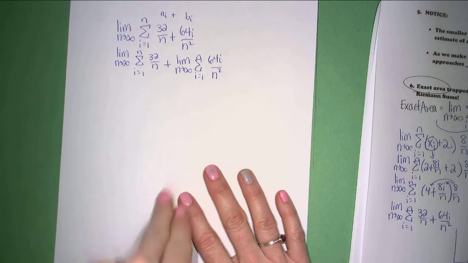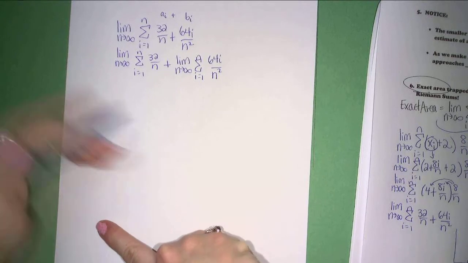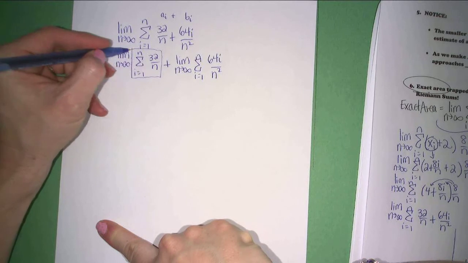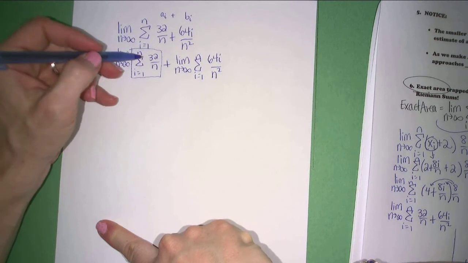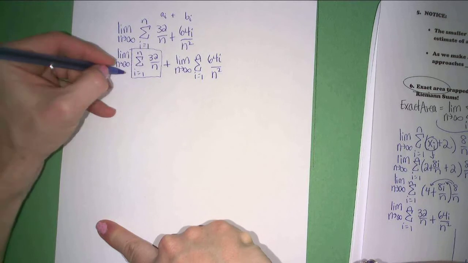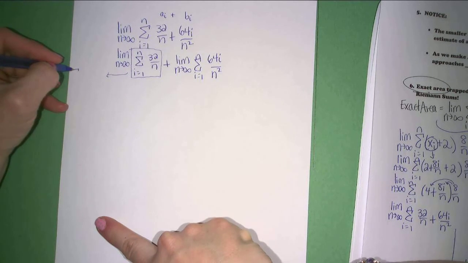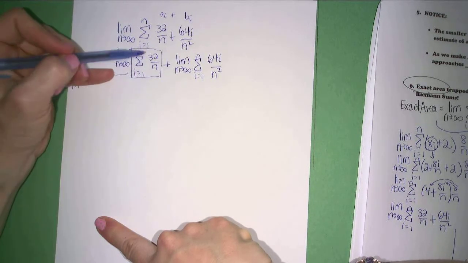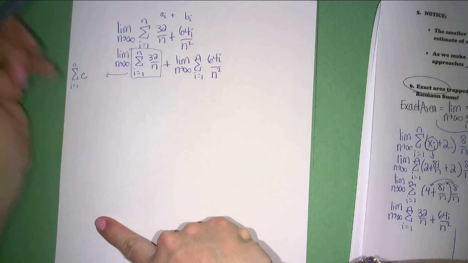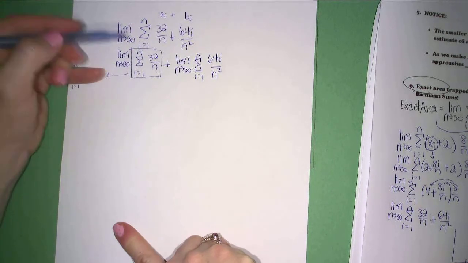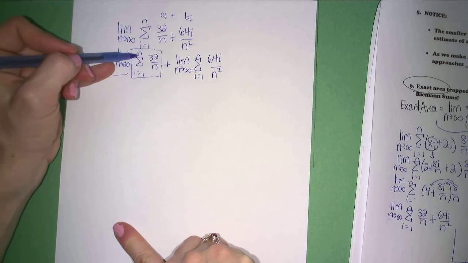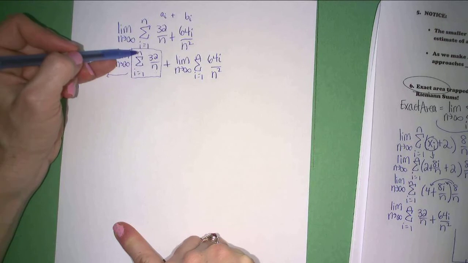Now, if you take a look at this right here, this models another sigma formula that we worked on 2 days ago. And what this one models is the sum from i equals 1 to n of a constant. The 32 over n is going to be considered a constant because we're going to add up n of these, which if you have n of these, then you're going to multiply n times 32 over n, and you're just going to be left with 32.